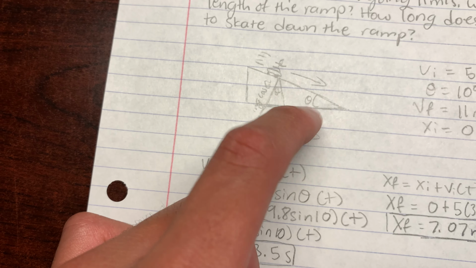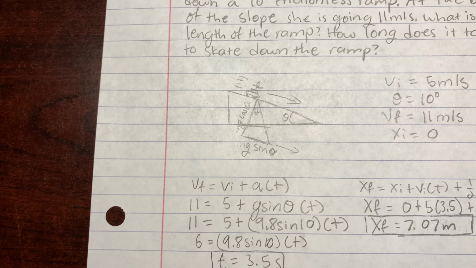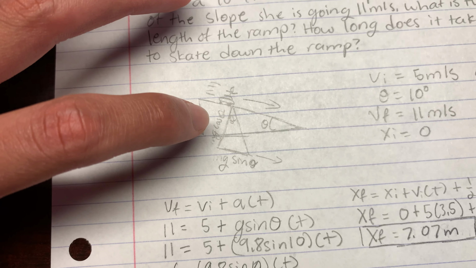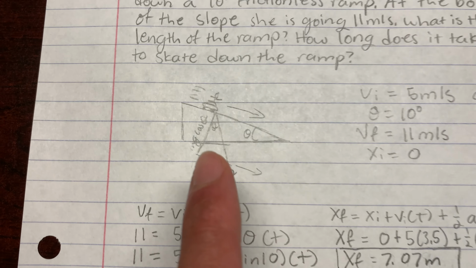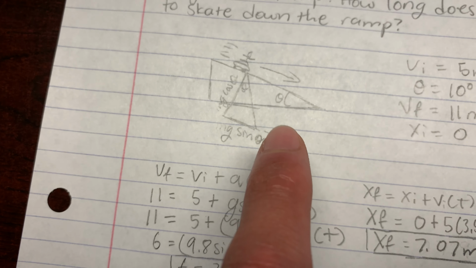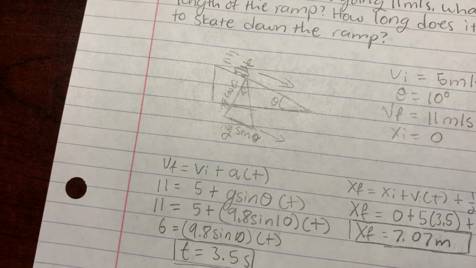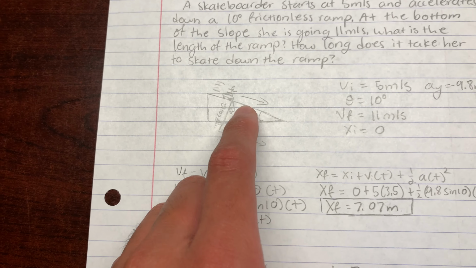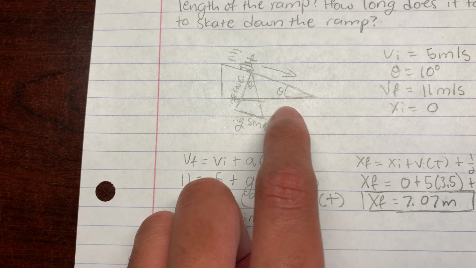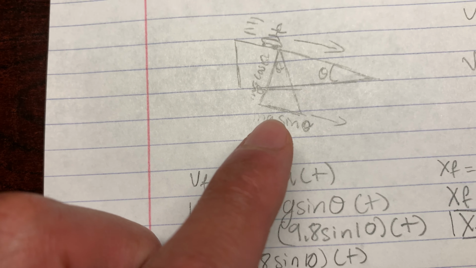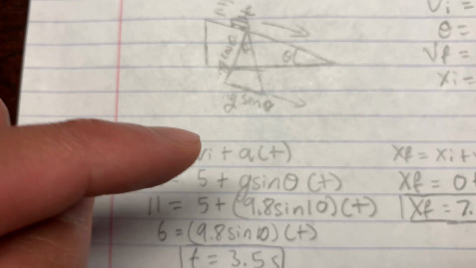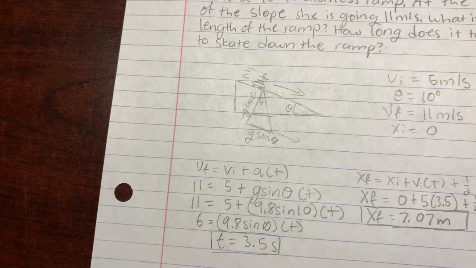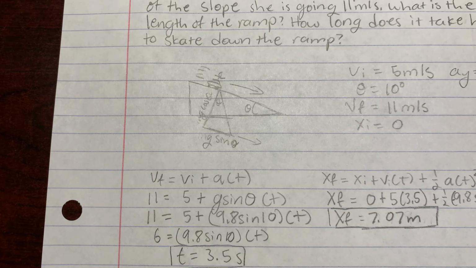The y component of acceleration would be g cosine theta, as cosine is adjacent over hypotenuse. Sine is opposite over hypotenuse, so the x component of acceleration would be g sine theta.